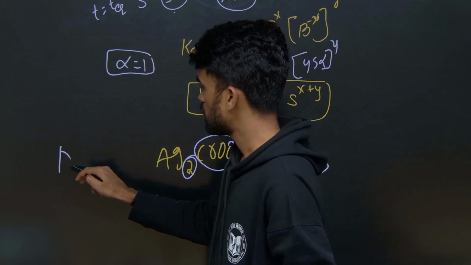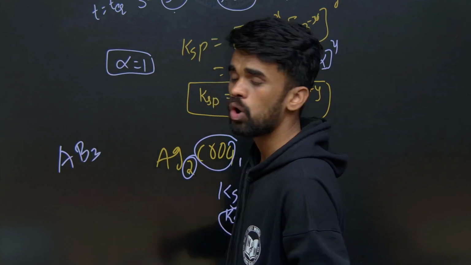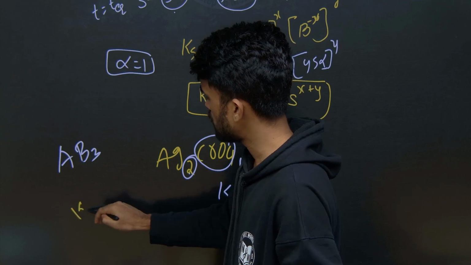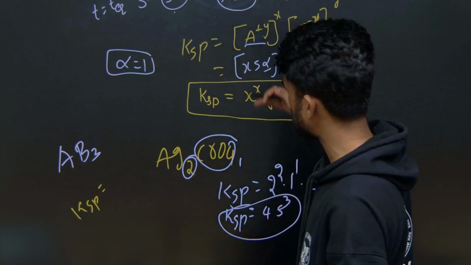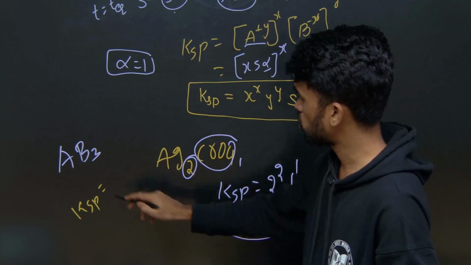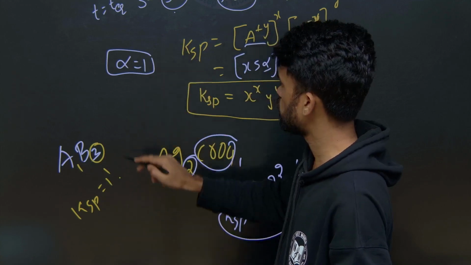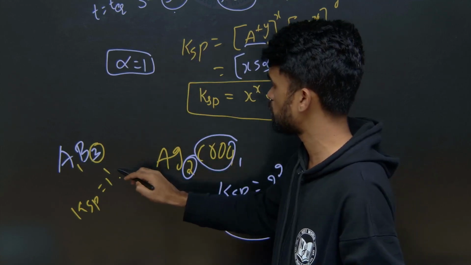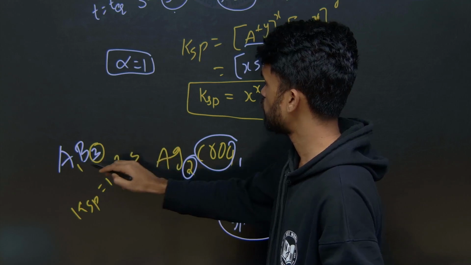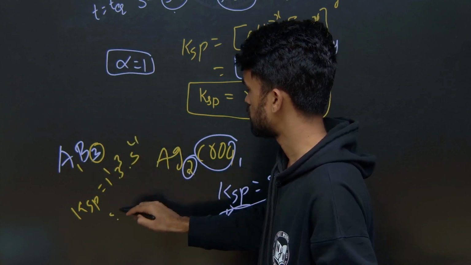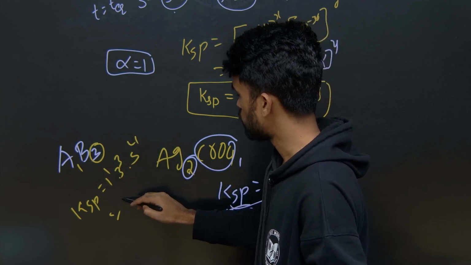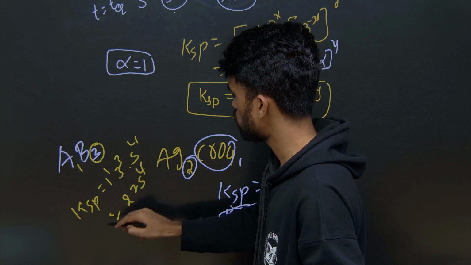Now I am giving a salt like AB3. How can I write KSP for this? Simple, right? From this generalization, cations are 1, so 1 power 1. Anions are 3, so Y value is 3, Y power Y means 3 power 3, and S power 3 plus 1, 4. So 3 3 is 9, 9 3 is 27, S power 4 is the KSP.